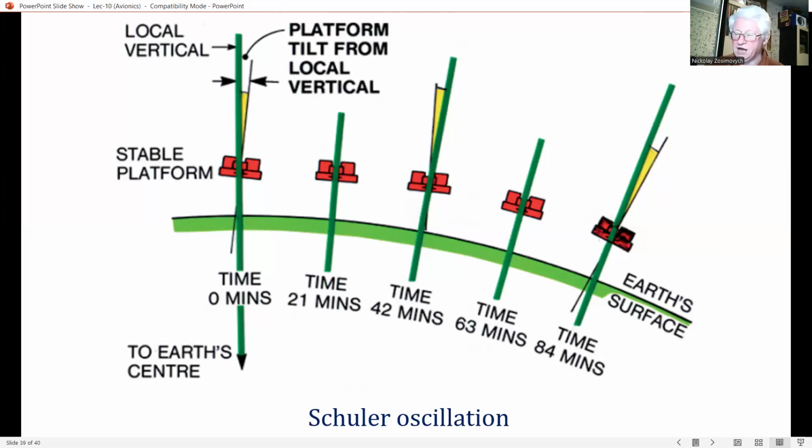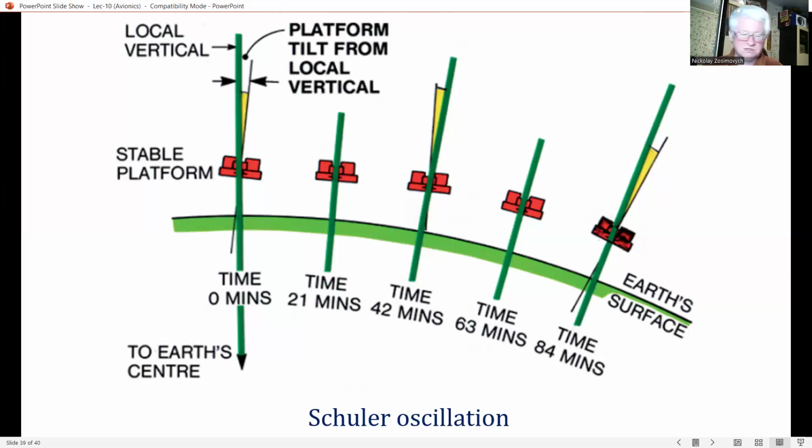Next period, from 42 minutes up to 63 minutes. After 42 minutes, the platform vertical is now starting to rotate at a faster rate than the true vertical. By 63 minutes, the platform tilt is 0 again, right? However, the platform is now being rotated at a faster rate than the local vertical.